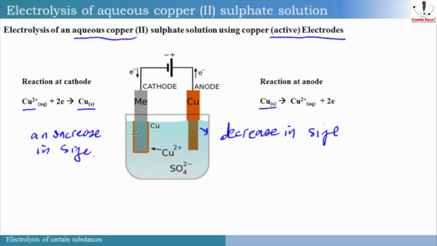If your electrode is not copper, then you should observe a pink solid being formed around it. If it's copper, then it will already be pink or reddish brown, so you will just observe the increase in size. So let's draw a before and after picture to ensure you truly understand what's going on here.